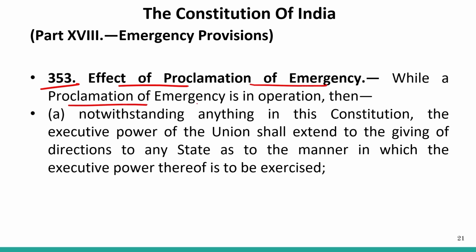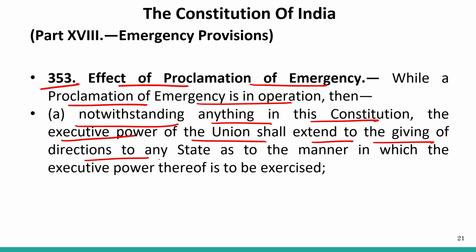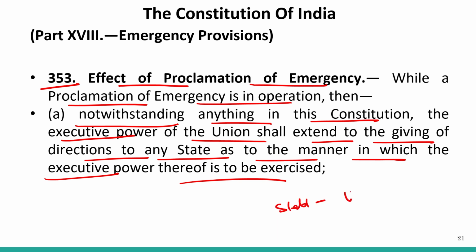When a proclamation of emergency is operational, notwithstanding anything in this constitution, the executive power of the union shall extend to the giving of directions to any state as to the manner in which the executive power thereof is to be exercised. For example, state Uttar Pradesh, emergency. Then who is going to take care of the governance?